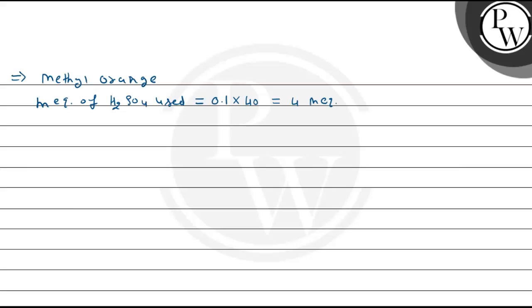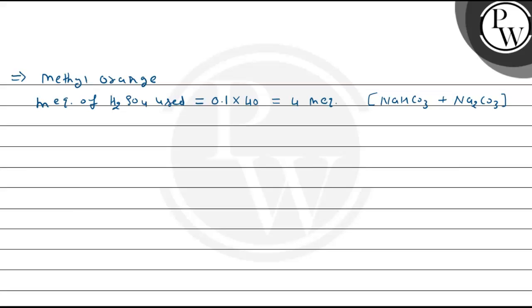As we know that when methyl orange is used as indicator, both NaHCO3 and Na2CO3 will get neutralized.